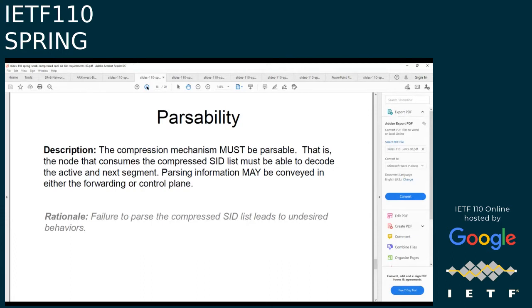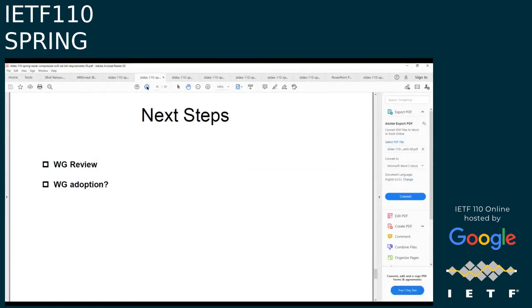Passing information may be conveyed in either the forwarding or control plane. So I think this is also a very important requirement. So next page.